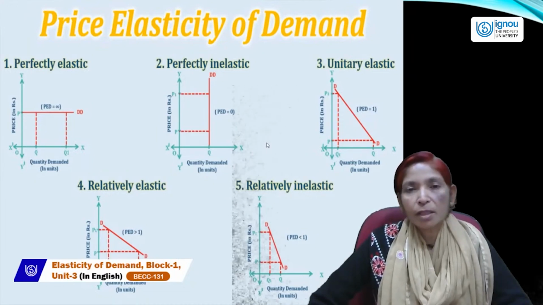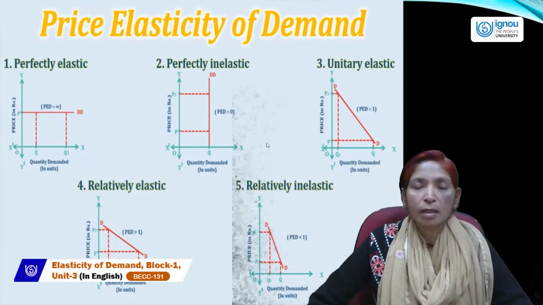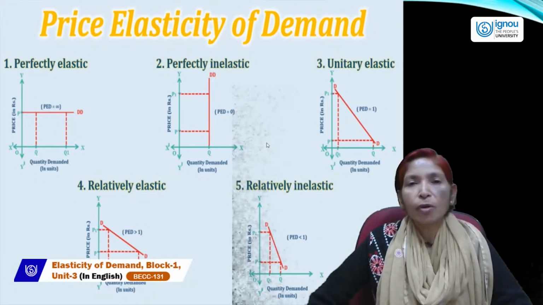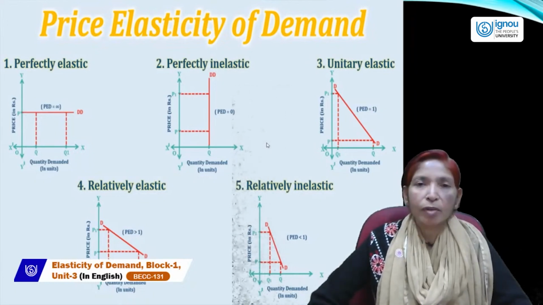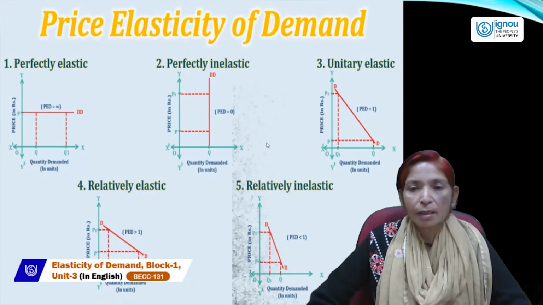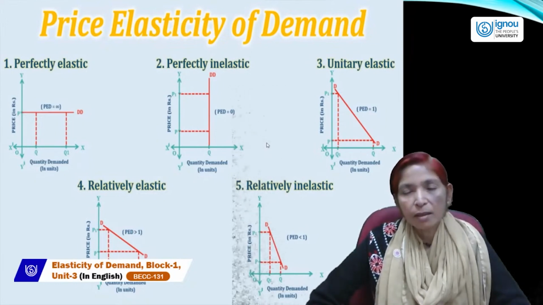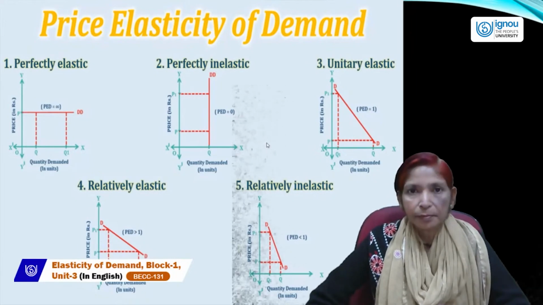So unitary elastic demand shows that the percentage change in quantity demanded and the percentage change in price are both equal, there is no difference between these two variables. In this case, elasticity of demand will be equal to 1.